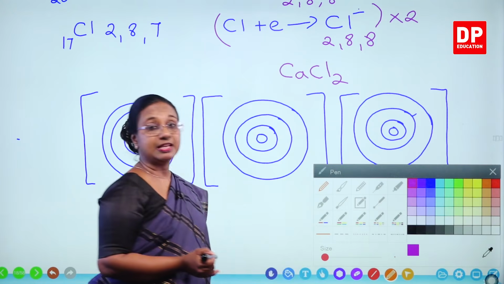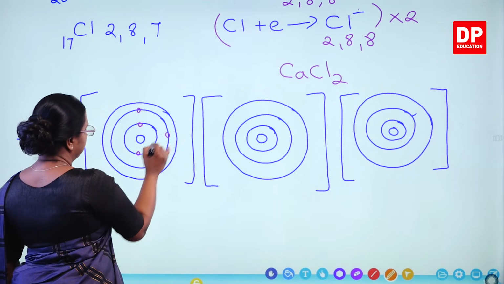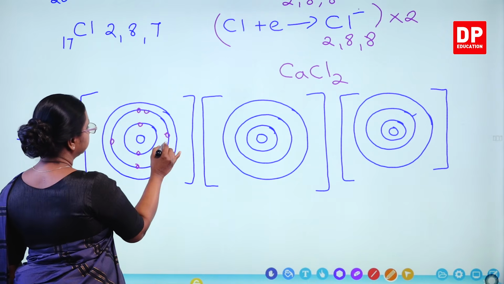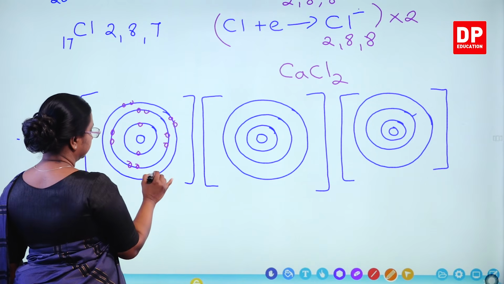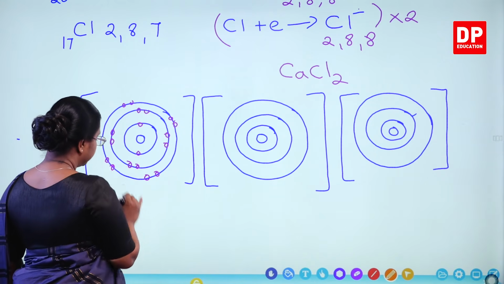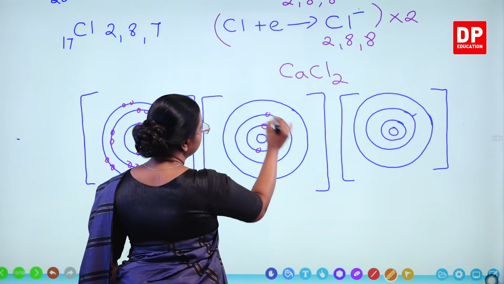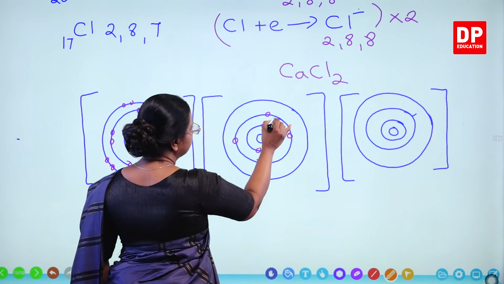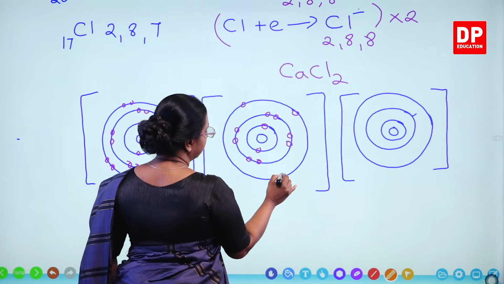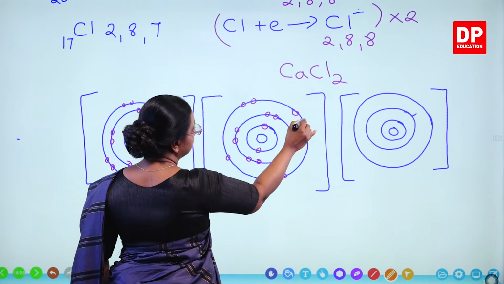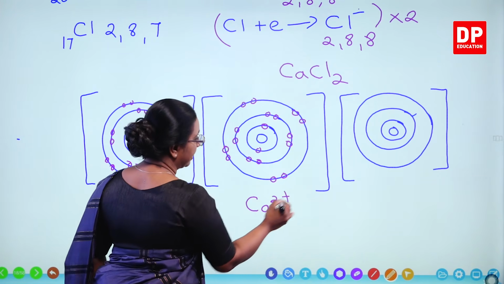Now we can easily fill up the electrons. So here 2, 8, 8. This is Cl minus. Again 2, 8 and 8, that is Ca2 plus ion.